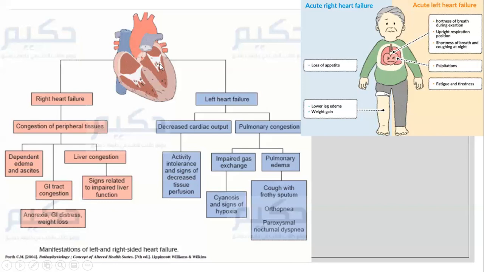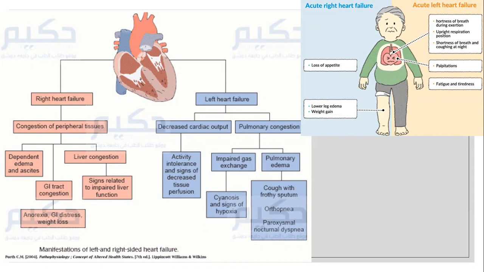But if the left side doesn't work, blood will not move forward. The blood is supposed to go back, and going back means going to the lungs. So lung congestion, shortness of breath, impaired gas exchange, and pulmonary edema develop. The patient complains of cough and orthopnea, which means shortness of breath increases when they lie down or at night time.